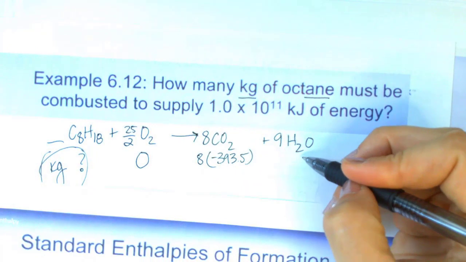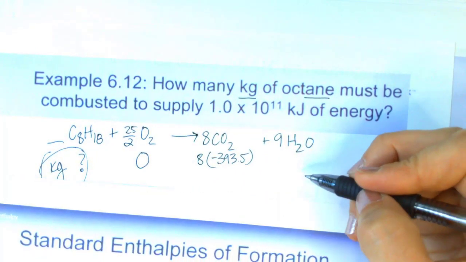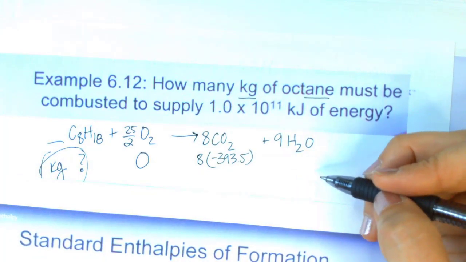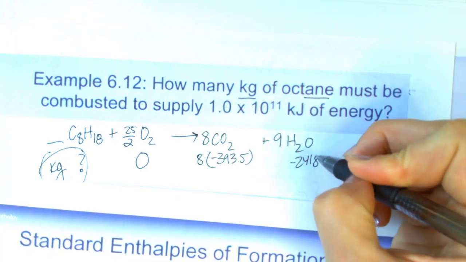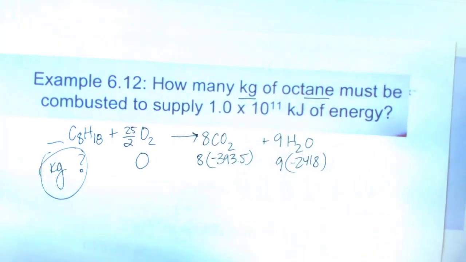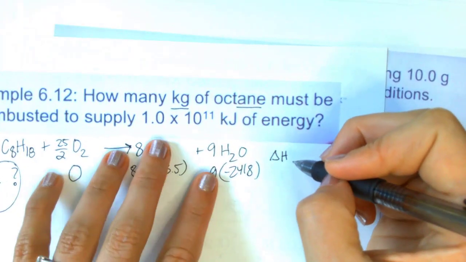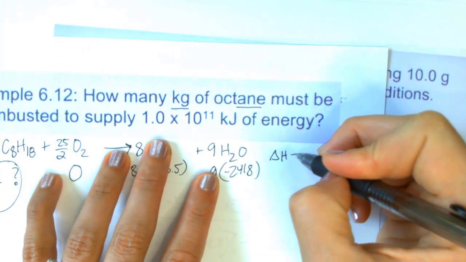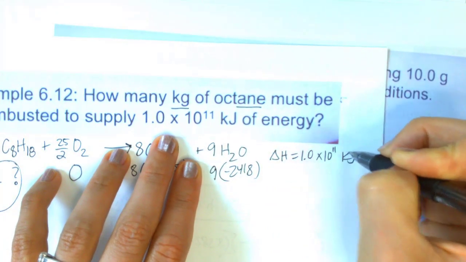And my H2O is negative 241.8, and we're going to need to multiply that by 9. And I forgot to finish my thermochemical equation here. My delta H here is 1.0 times 10 to the 11th kilojoules of energy.